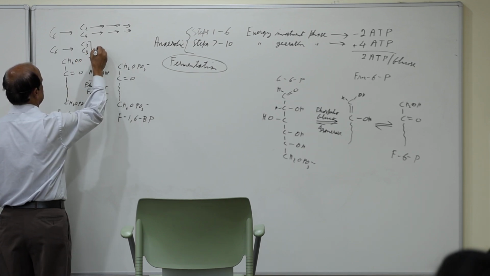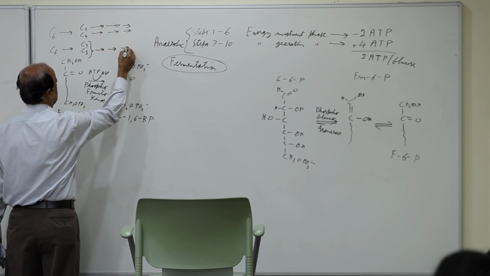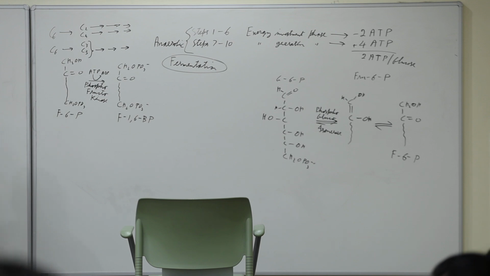Instead, if you have a C3, you need only 1 pathway to get to pyruvate. So that's why the cell breaks it. All cells, all organisms carry out glycolysis, and they will divide it into 2 pieces each, C3, so that you need only 1 set of enzymes to get to the final product instead of 2 sets.